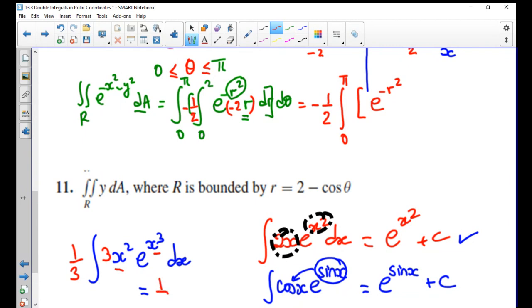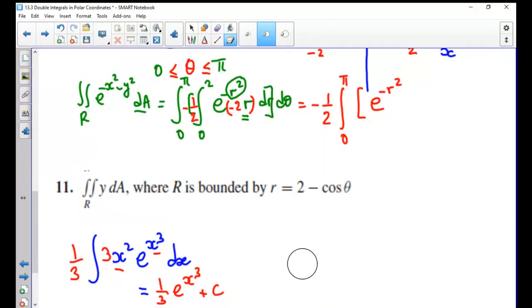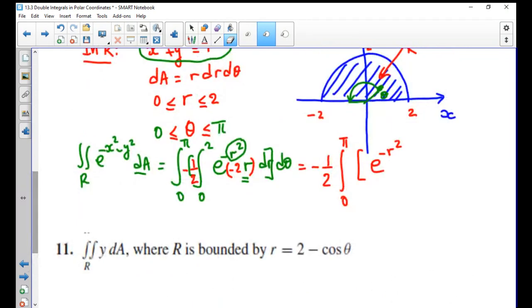So this will give you 1 over 3 e to the x cubed. All of these are things you would have seen in Calculus 1, so I'm just reminding you of this. Now let's get back to our example.